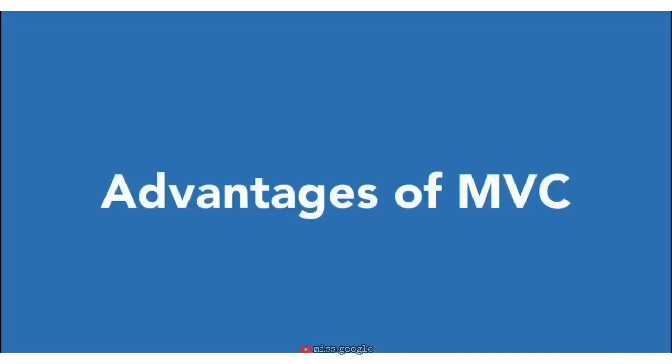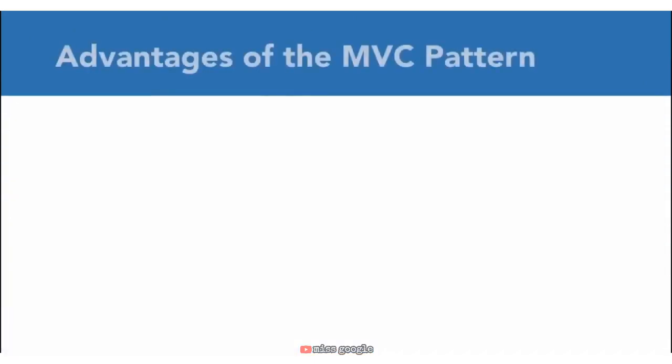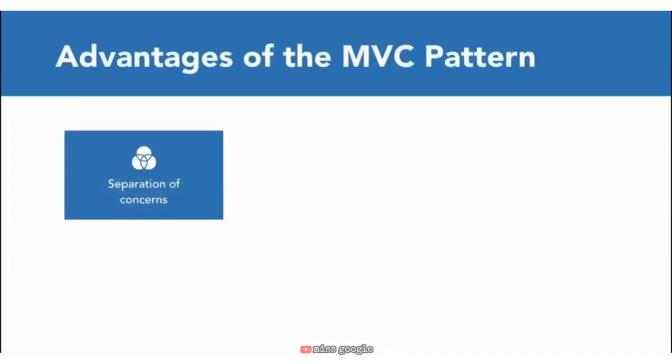Using a pattern like MVC has many advantages which actually make you a better developer, make your application easier to maintain and create, and help teams work together more efficiently. Separation of concerns is the practice of breaking your code into distinct responsibilities or concerns that overlap in functionality as little as possible. For example, in MVC, that means that the view doesn't care where the model comes from or how it works.